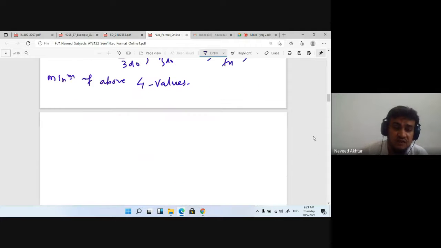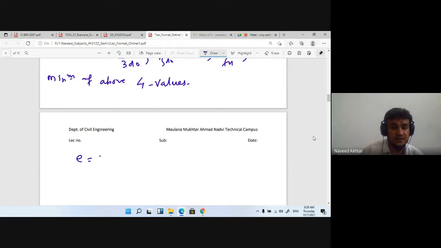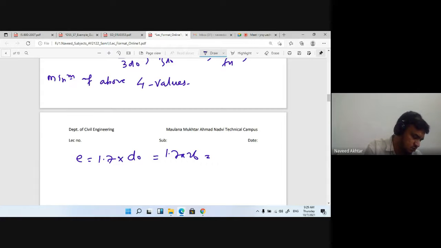So if I find E upon 30, E is equal to 1.7 times 30, then putting 1.7 into 26, it is coming 44.2 mm.